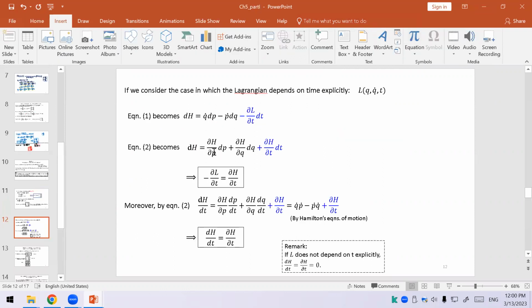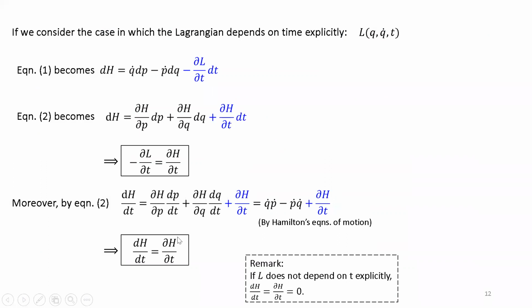Now again, I want to remind you about the difference between the partial derivative and the total derivative. Because now that I have this partial and total, it might look a bit confusing. So where do we have this total derivative and where do we have this partial derivative?